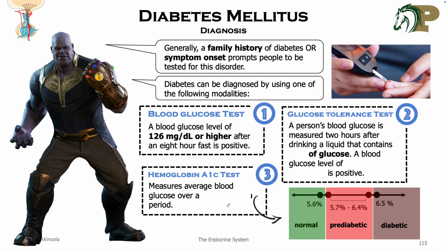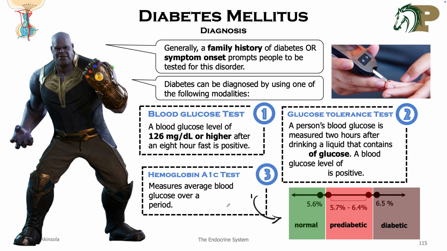Okay, so that's the one that is commonly used to diagnose diabetes. You do a blood glucose test, and this tests for the level of glucose in the blood. It has to be following a fast where you're not eating, so you know what your body looks like in the absence of food.